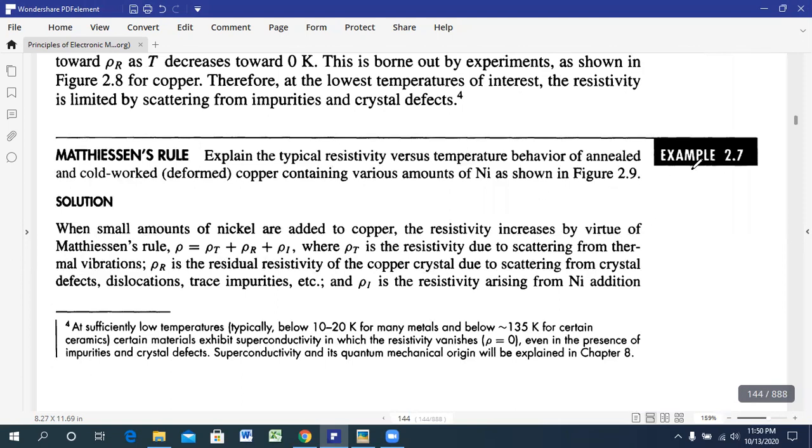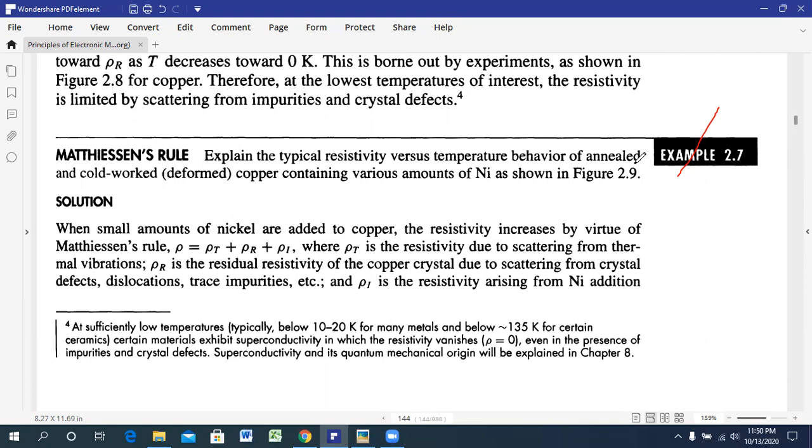Now, using Matthiessen's rule, you have to solve example 2.7. Explain the typical resistivity versus temperature behavior of annealed and cold worked copper containing various amounts of nickel, as shown in the figure. So annealed means at high temperature. Whenever we use high temperature, there will be some changes of the internal properties of this material, such as the lattice constant.